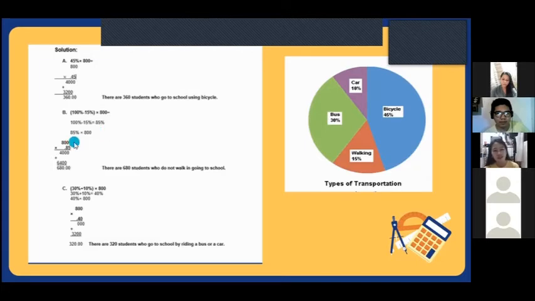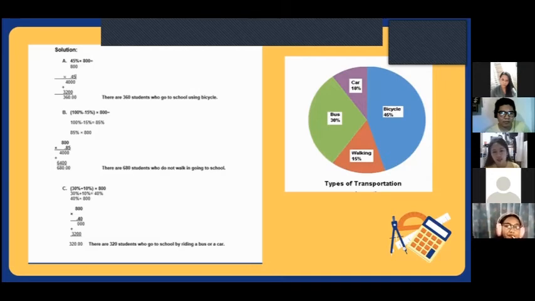Then 85% will be multiplied by the number of students in the school, which is 800. If you multiply, the result will be 68,000. Again, since we are going to find the percentage, we are going to move two decimal places, and the result will be 680. There are 680 students who do not walk in going to school.